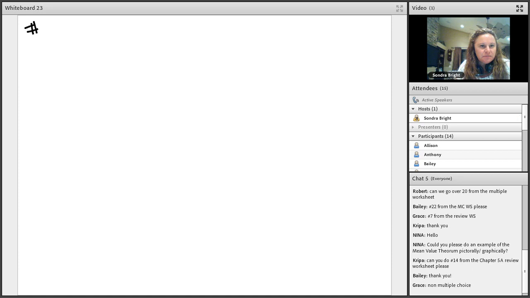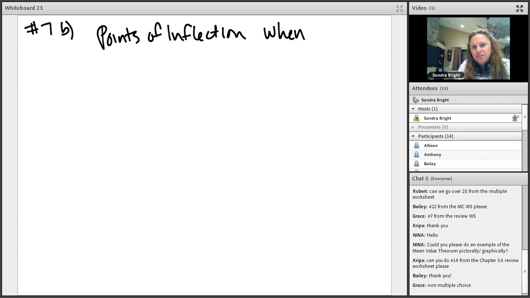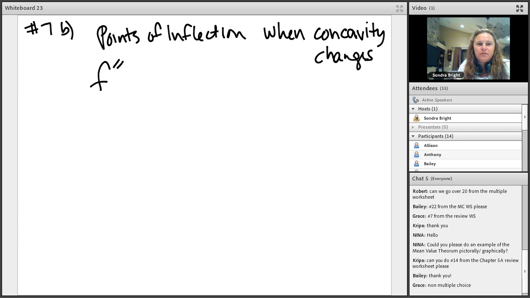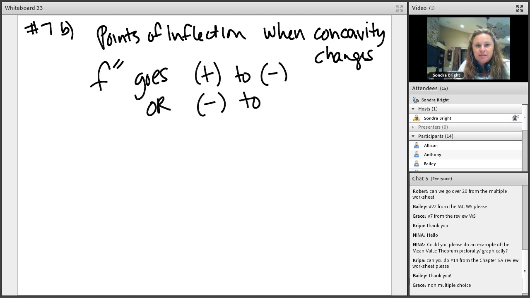This is still number 7, but part B. Points of inflection happen when concavity changes, which means your second derivative goes from positive to negative, or from negative to positive.